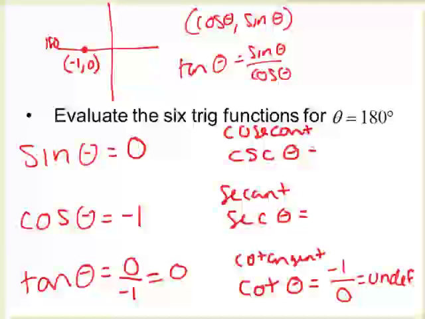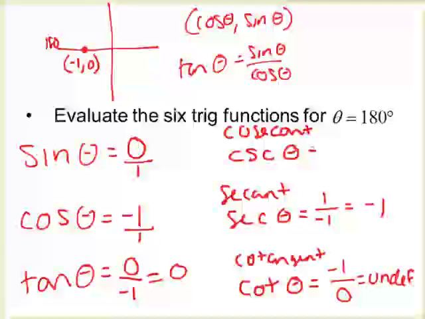Working our way up, we can make anything into a fraction by putting it over 1. So I can write that cosine value over 1. And when I flip it over, I get 1 over negative 1. And what is that? Negative 1. And again, for sine and cosecant, we can put anything over 1.